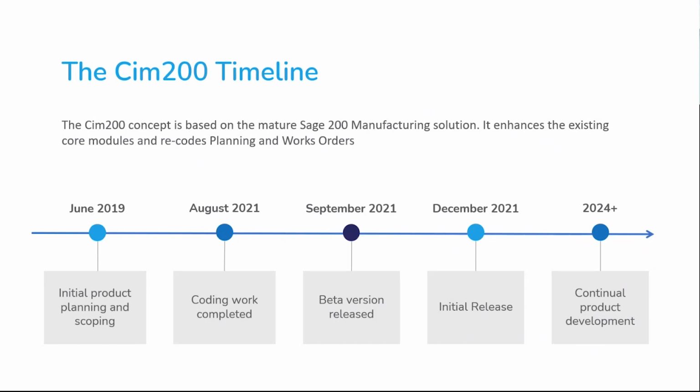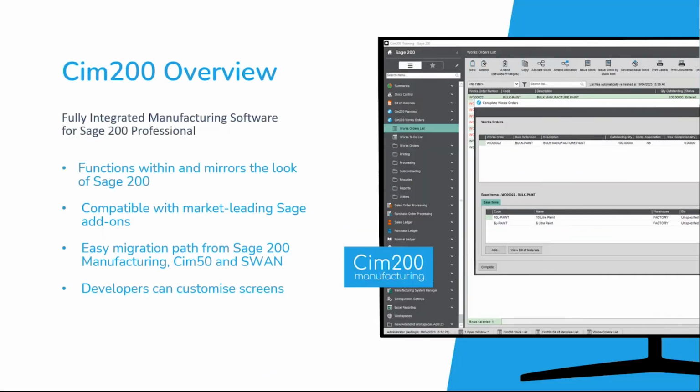In August, we finished the product and had beta testing going for about 3 months. We had an initial release in December 2021, and we've been taking it to the next level with our twice-yearly feature releases. CIM 200 is fully integrated manufacturing software for Sage 200 Professional.